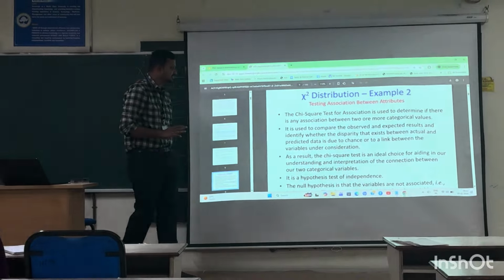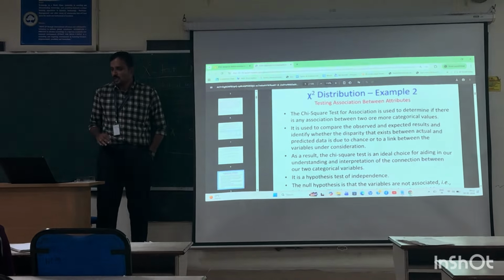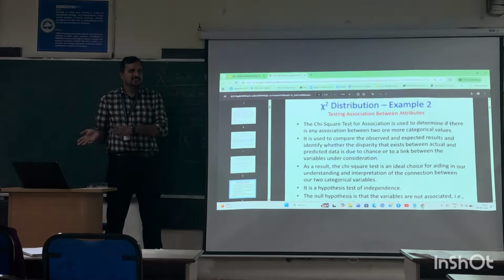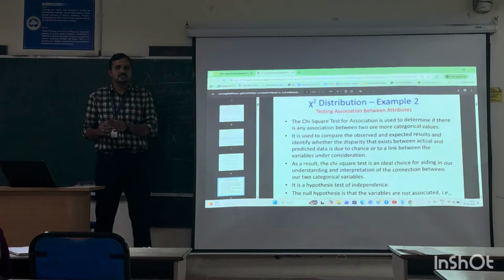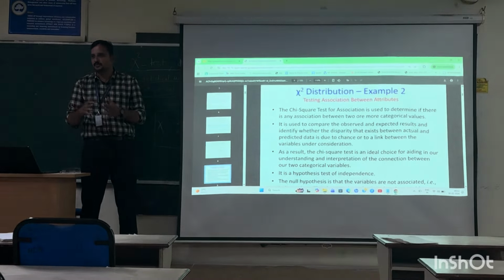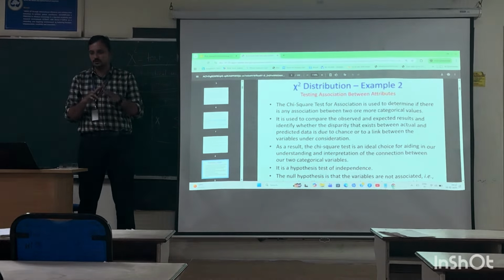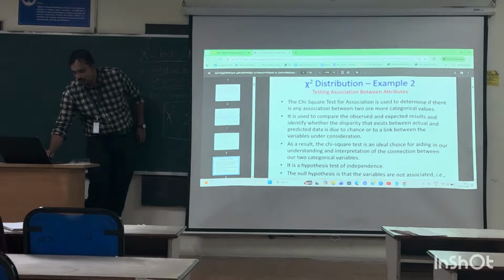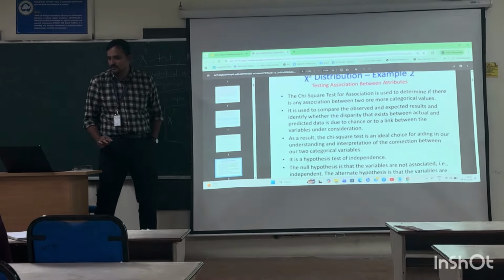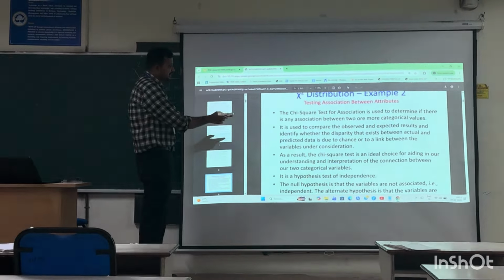So what is this condition? Expected and actual value. Is there any link between the observed values? So between two attributes, you are going to test the ideal choice for two categorical variables.